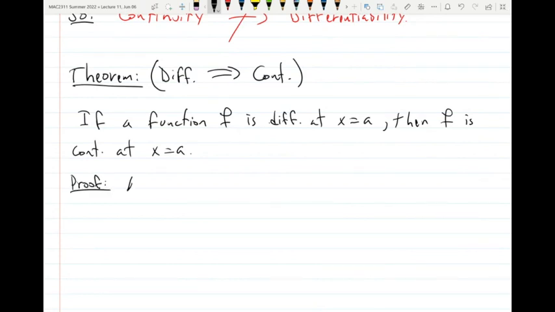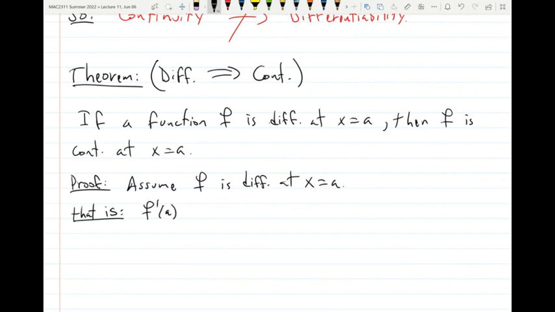To prove, assume that f is differentiable at x equal a. So we have differentiability at x equal a. So what does it mean to be differentiable? It means that f prime of a exists, right?